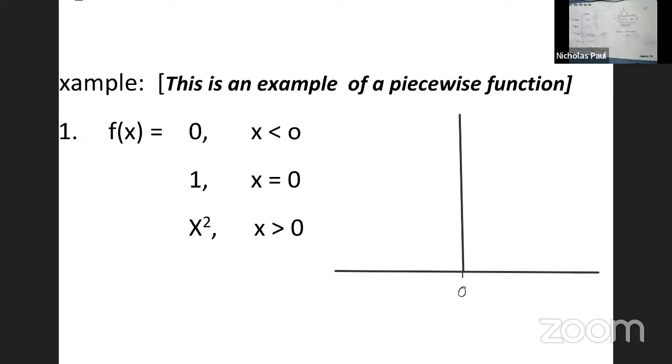Anybody remember how to draw an equal to, like if something is equal to on a number line? How is it represented if you have more than or equal to, less than? Follow the circle, right?